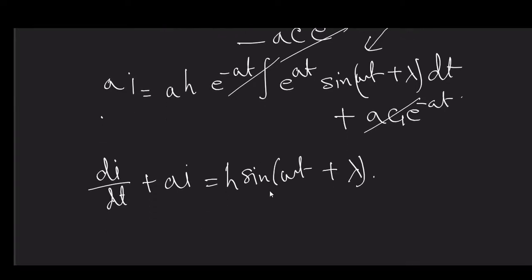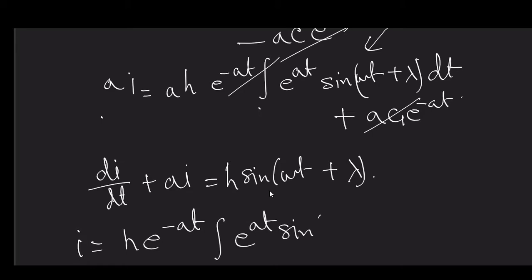from this line, that i is equal to h e to the power minus at, integration of e to the power at sin omega t, plus, I am writing here from this expression of i, what I got.